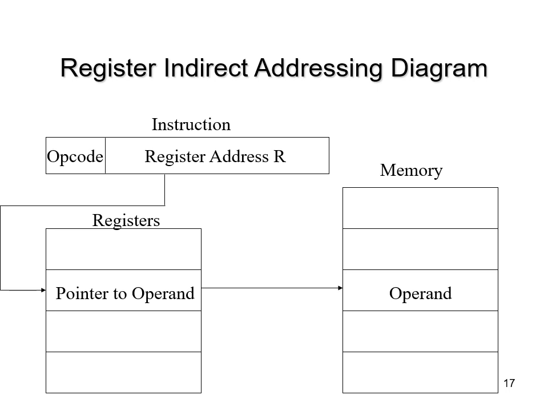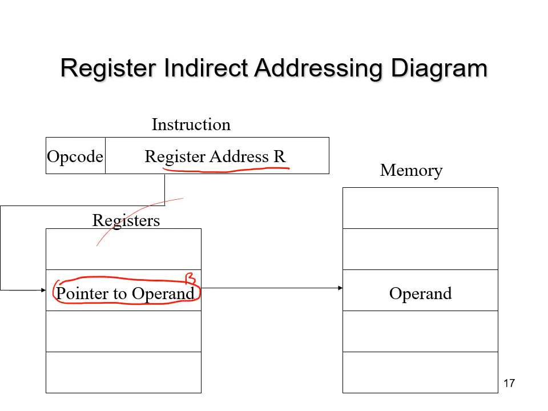On the next page, we show you the diagram for register indirect addressing. You can see in this diagram, in the instruction we have the register address R. Therefore, when executing, the processor will use this R to find the address stored inside the register.